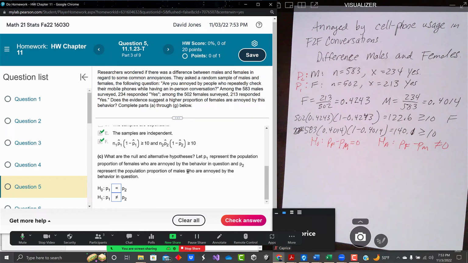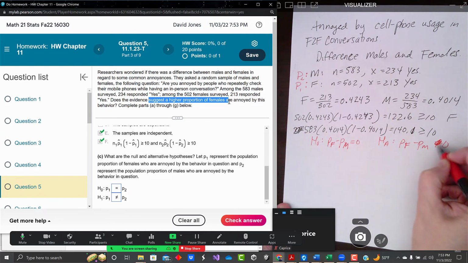Oh, nope, they even changed. First they said, is there a difference? And then it says, is there evidence to suggest a higher proportion of females? So they even changed the sentence. It's not equals to, it's greater than 0.